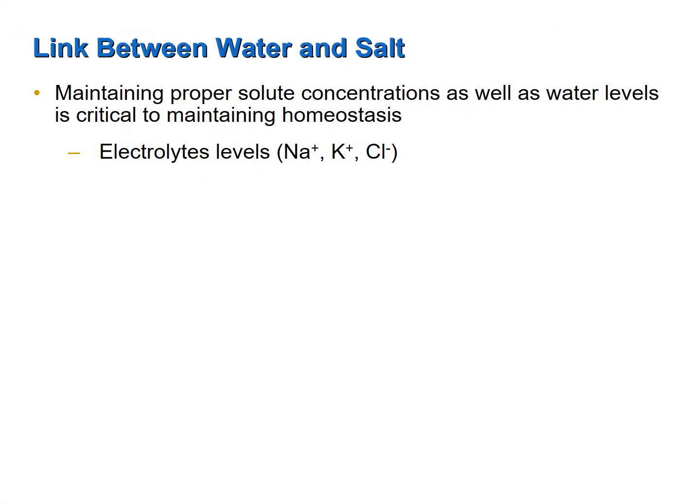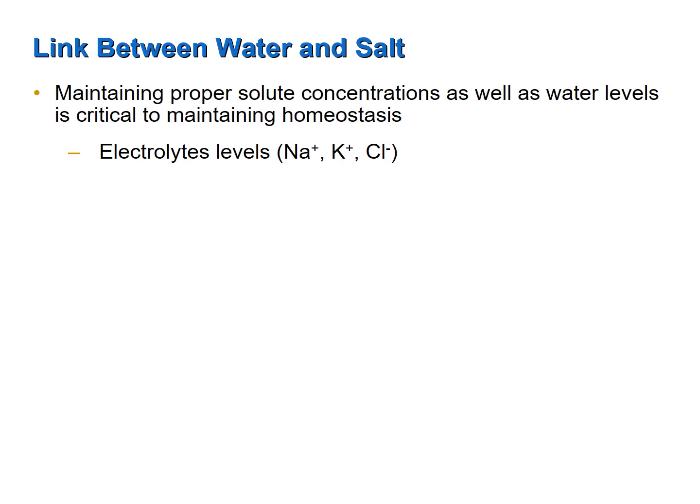I mentioned earlier that the solute concentrations of the various fluid compartments were as important as the water volumes or fluid volumes themselves. And this is because they play a critical role in maintaining homeostasis.